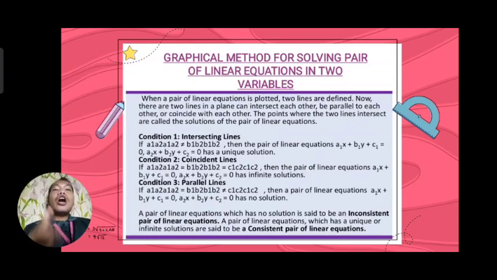Next, we have condition 3, parallel lines.